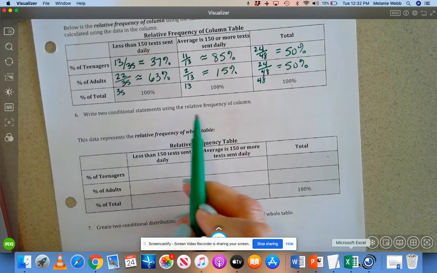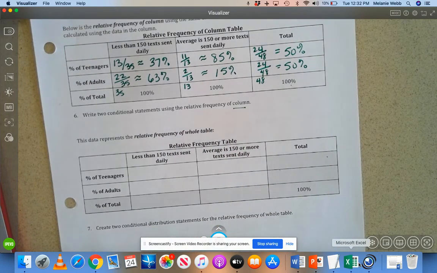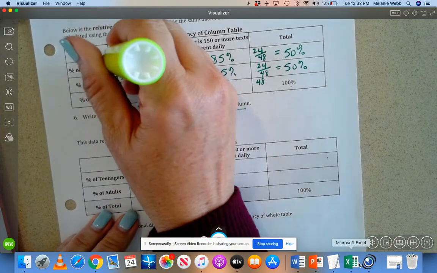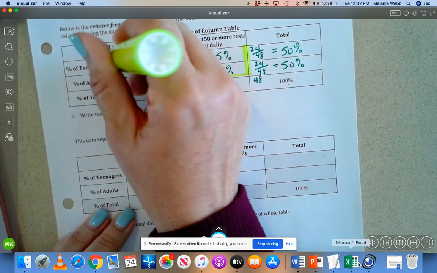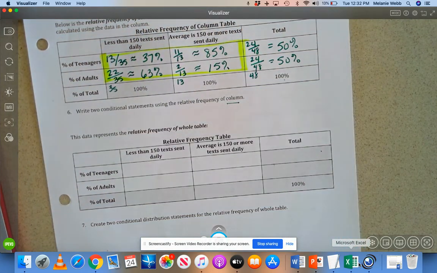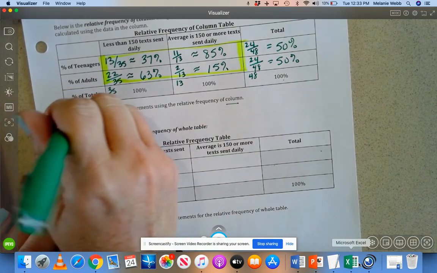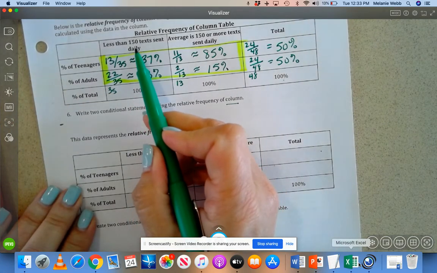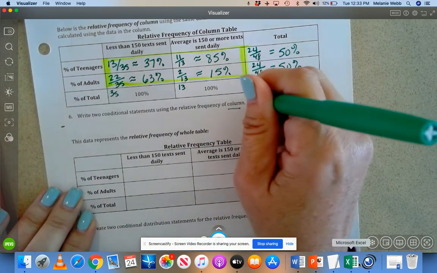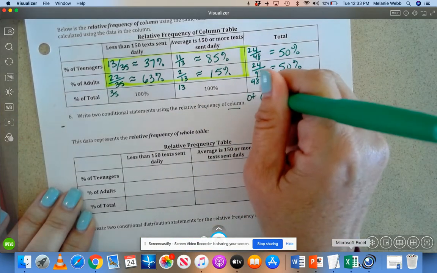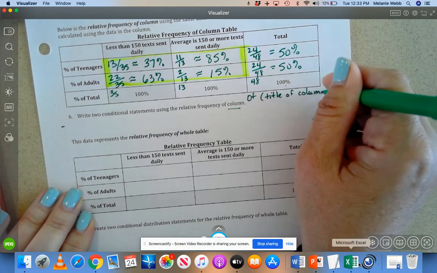So now what I want to do is write two conditional statements using the relative frequency of column. Now remember, I only want to use information from this area. So my statements should have one of those percentages in it. For example, it's easier to start with the title of your column or the title of your row. So I'm going to start with "of," and then the title of the column, because I'm writing a statement by column.